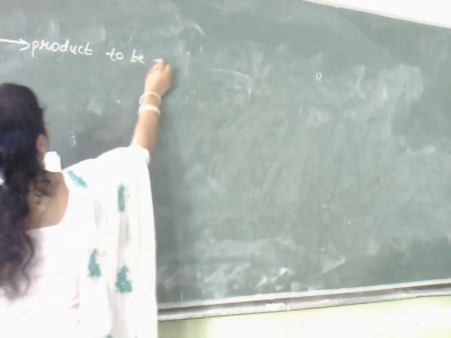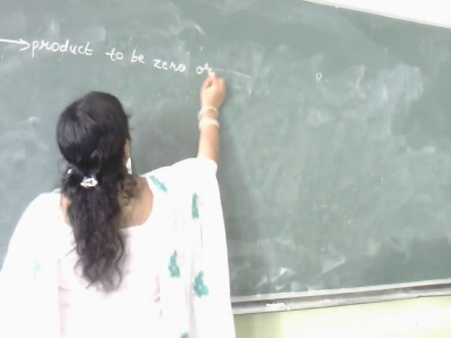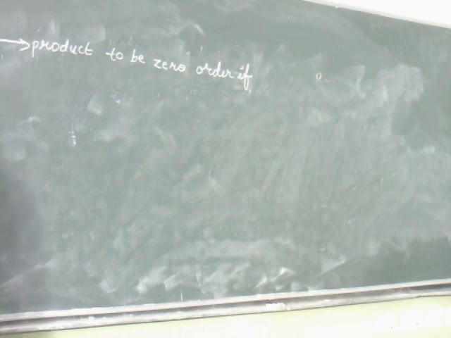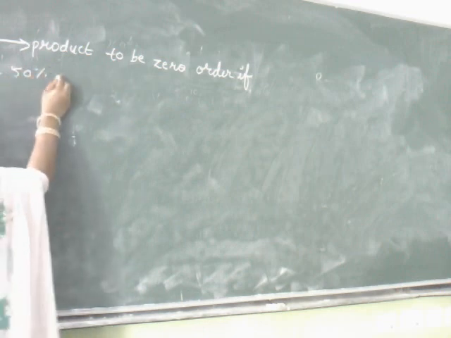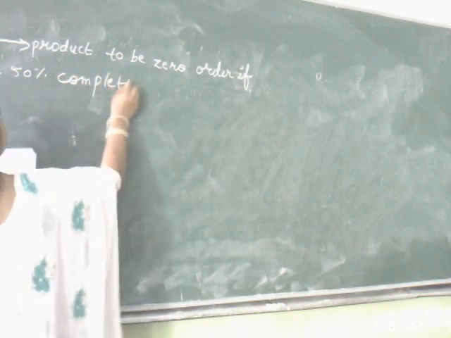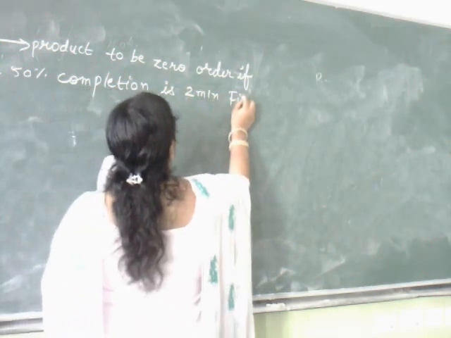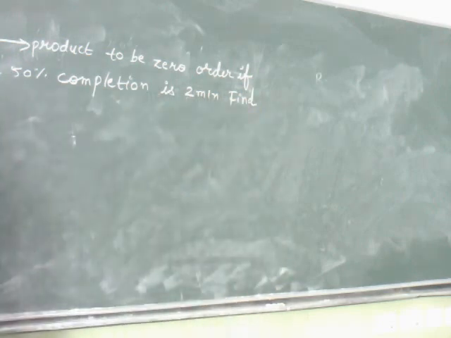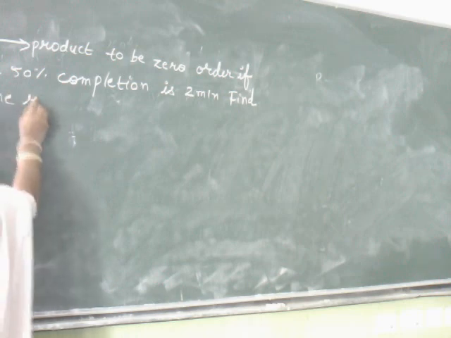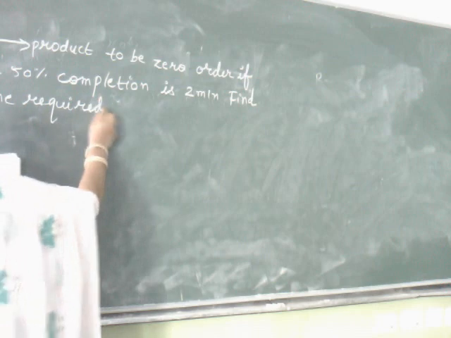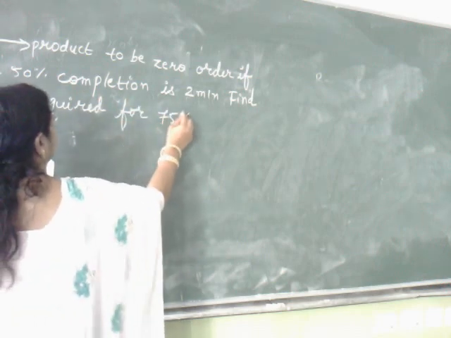The question given here: for A gives product 2B, zero order, if time for 50% completion is 2 minutes, find the time required for 75%.